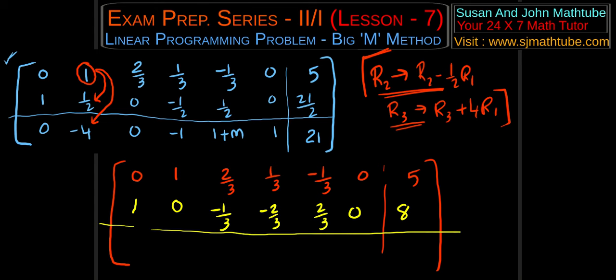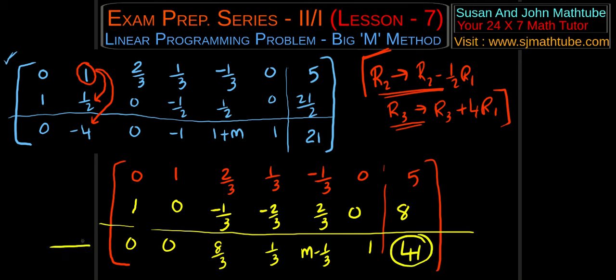And let's put our separator, and 0, 0, 8 by 3, 1 by 3, m minus 1 by 3, 1. Finally, good news. And you already know the good news. Look at the last row. It is completely positive. Let's say no negative numbers are there. That means we have reached the optimal table.